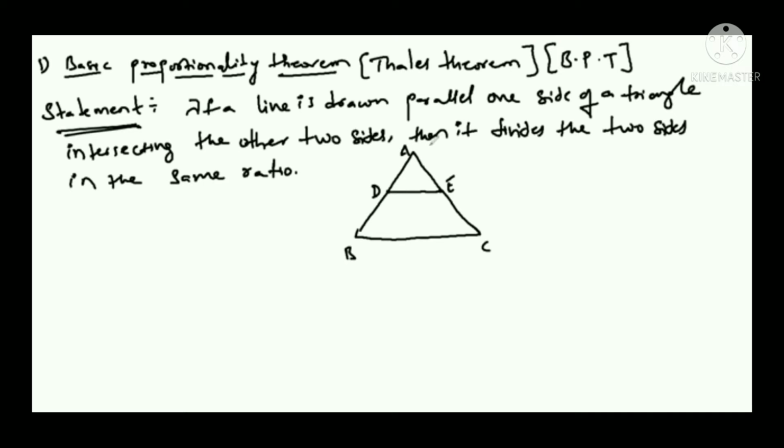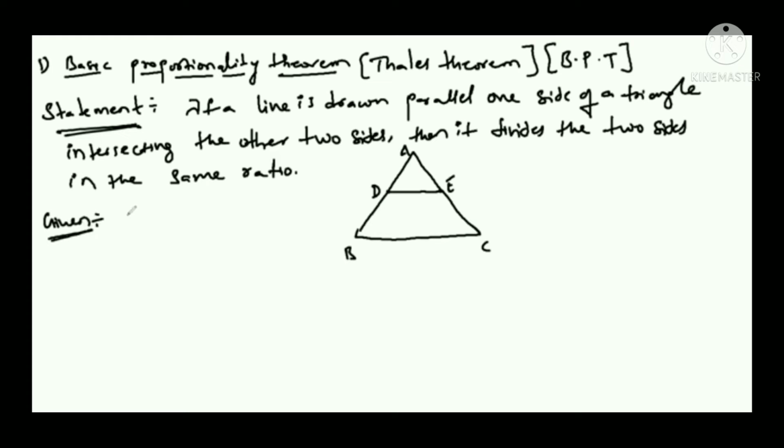Whenever you get a statement, from it you need to prove that it divides the two sides in the same ratio. First you write Given.